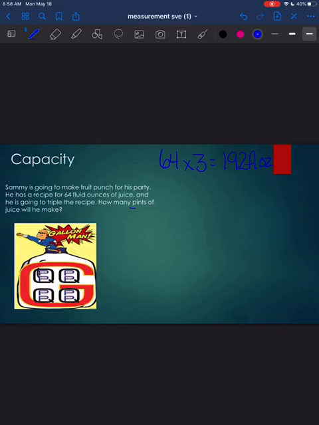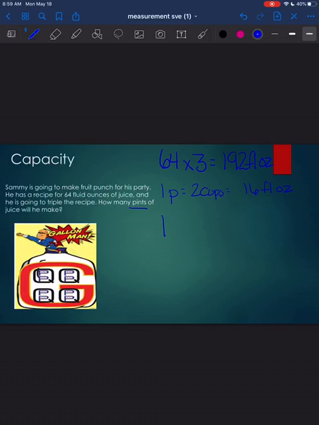But my question is asking for my answer in pints. So now I need to figure out how many fluid ounces it will take to equal 1 pint. Going back to my measurement, I know that 1 pint is equal to 2 cups, which is equal to 16 fluid ounces. And in this situation, I'm going from a smaller unit of measurement to a bigger unit of measurement, so I'm going to divide.